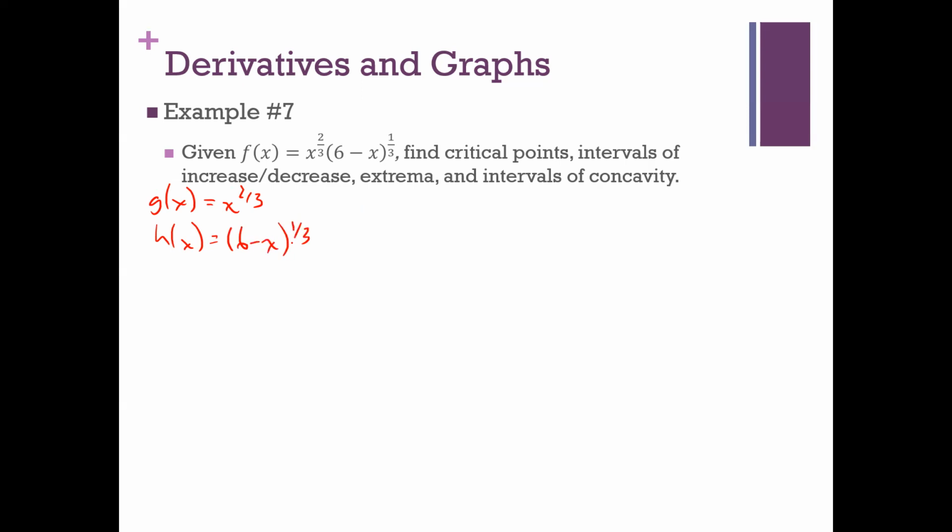Okay, if you'll permit me, I'm going to try to deal with h without breaking down. Let's see how it goes. What's the derivative of g? 2/3 x to the negative 1/3. What's the derivative of h?